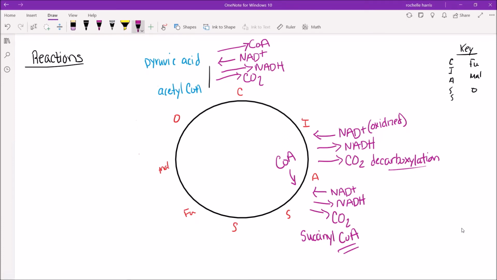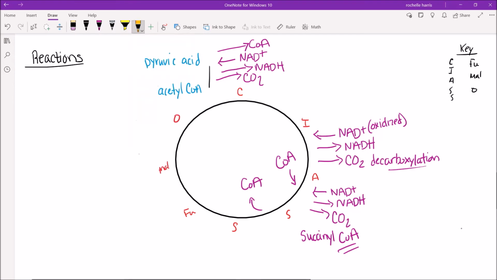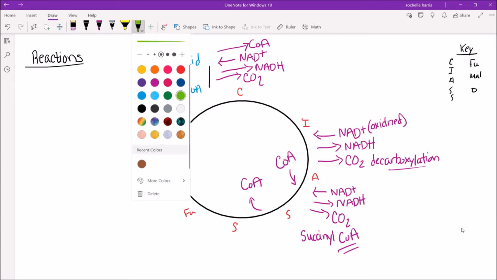In our next step, we have succinyl-CoA and our CoA leaving, giving us succinic acid. Now in this section, we have energy. I'll put energy in, maybe in lime green.